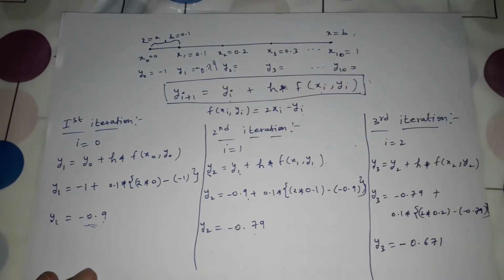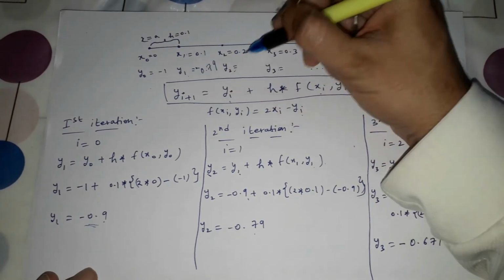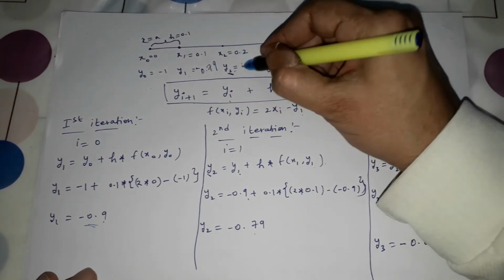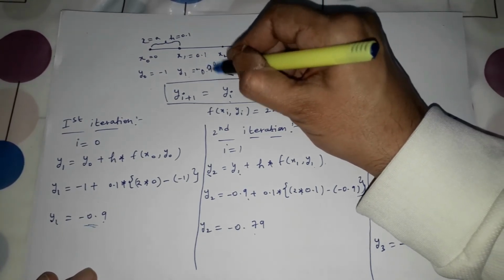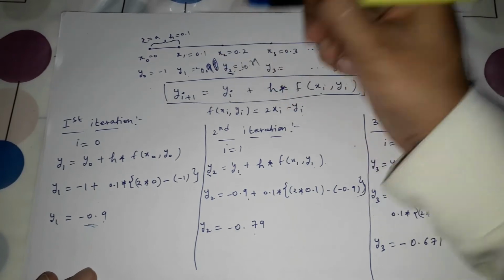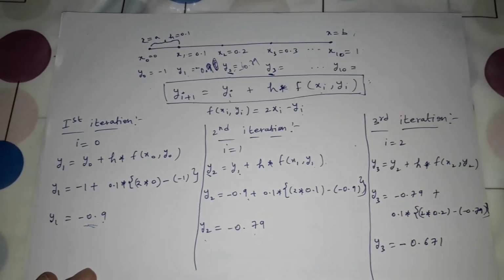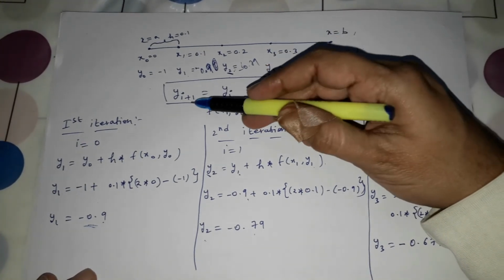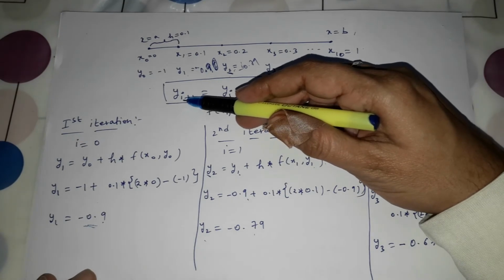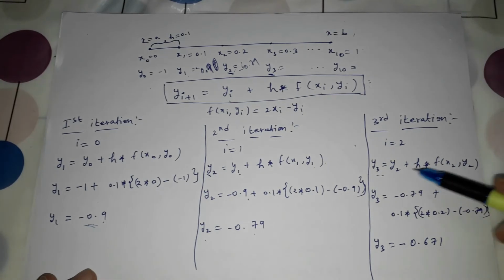Okay, now using the values y2 is minus 0.79, y1 is minus 0.9. Using the value of y2, we will find now y3. So y3 is equal to, substitute i is equal to 2. So when you substitute i is equal to 2, you will get y(2+1), y3, is equal to y2 plus h times f of x2 comma y2.